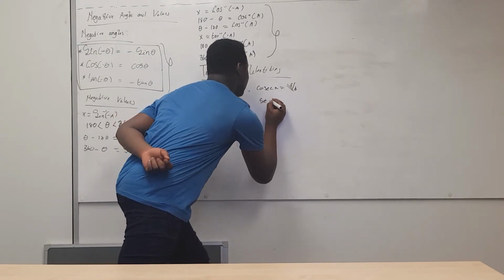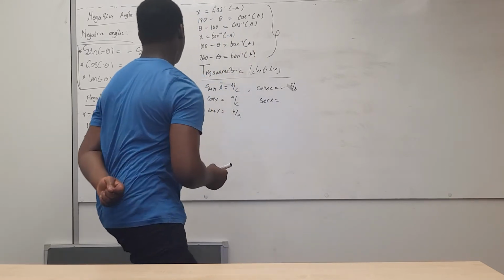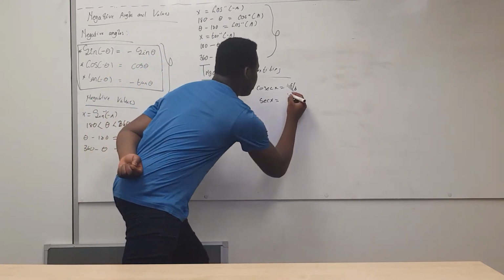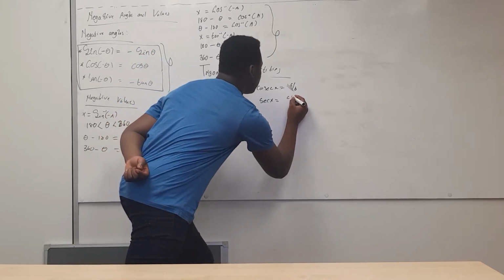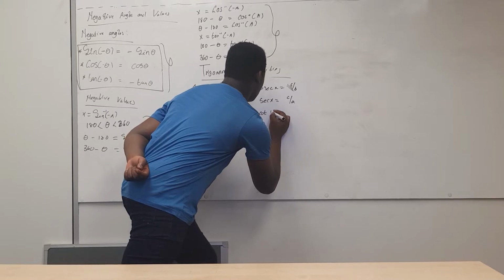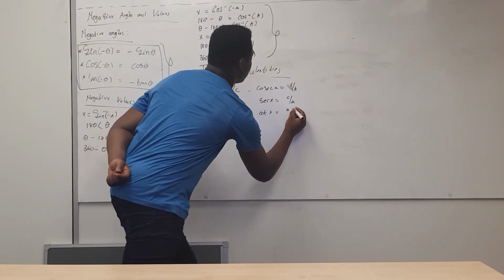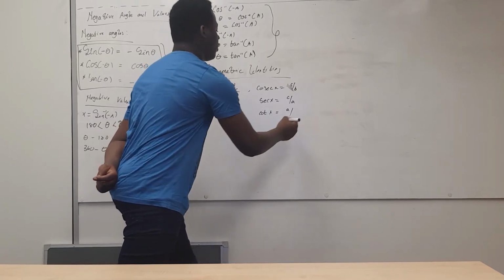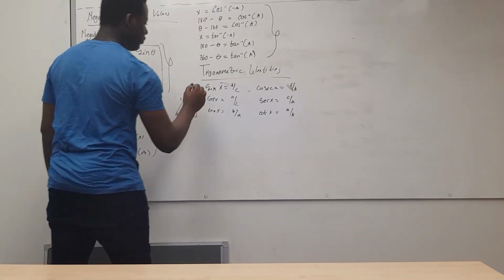Sec x is equal to c divided by a. And cot x is equal to a divided by b. Okay, so we know this, eh?